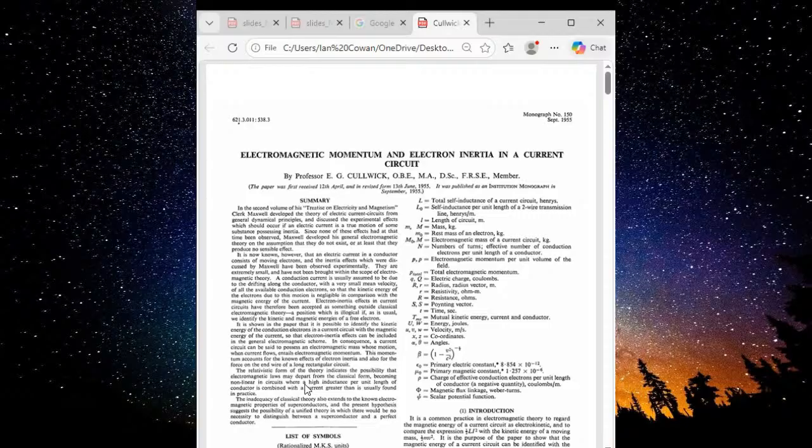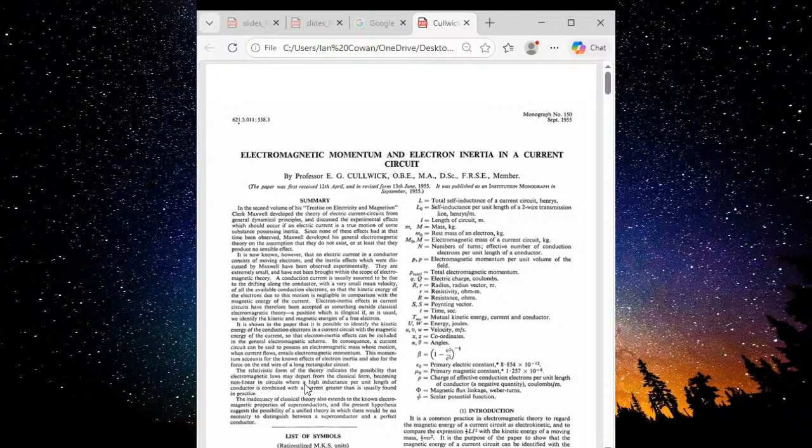Now, he points out, and he tries to point out anyway, that no, it's all due to the electrons' spin magnetic fields. And so this is quite a result. I think it's far more important than worrying about little tiny inertial effects.